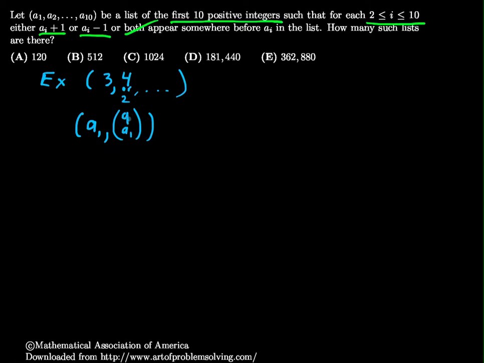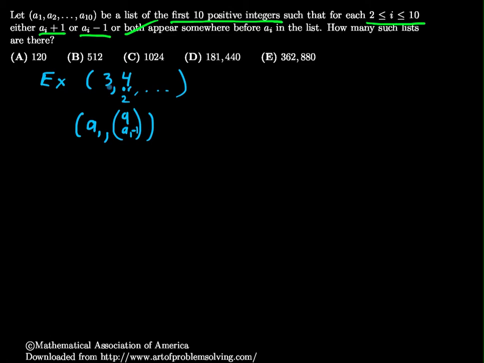But 9 choose A sub 1 ways to get it to decrease down to the first term. So what that means is if I have a 3 here, okay, is this what I want to say? No. 9 choose A sub 1 minus 1. That's what I want to say.